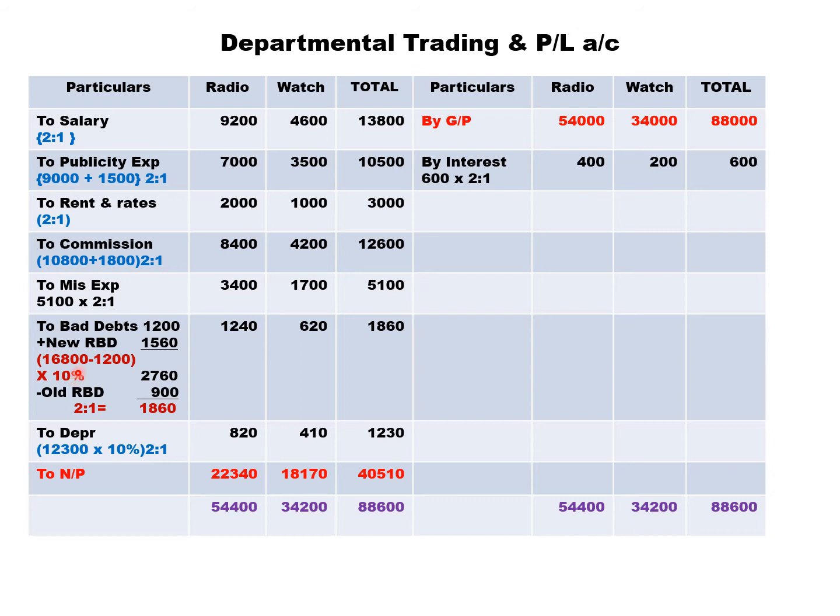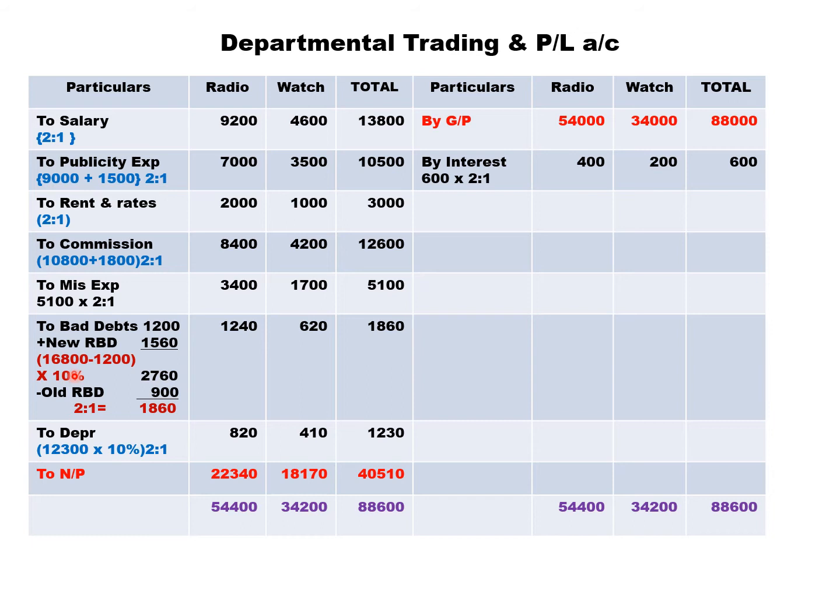So 16,800, remove the bad debts, deduct the bad debts, and then calculate RBD. That means you should take out bad debts and then only you should calculate RBD. Otherwise, RBD will be calculated on bad debts also. So out of debtors 16,800, remove the bad debts 1,200, you get 15,600.